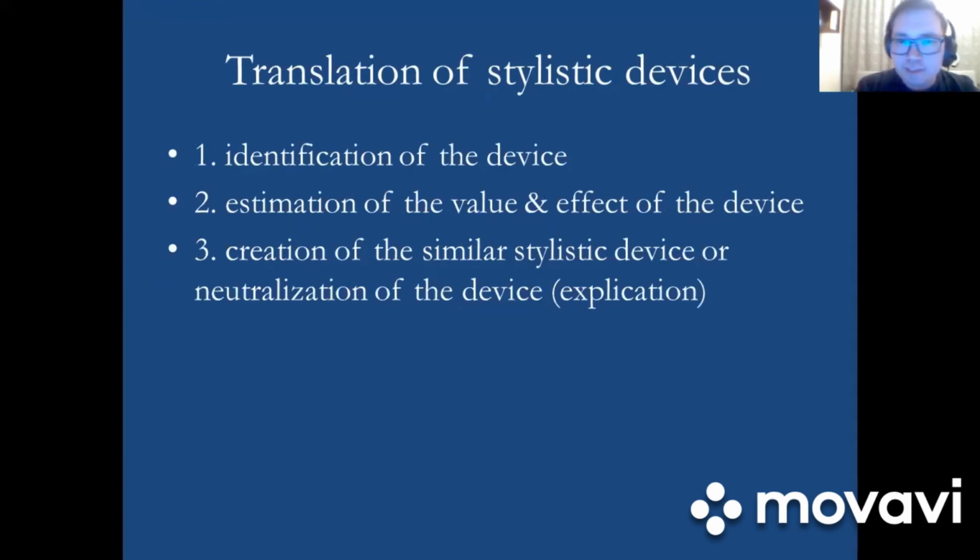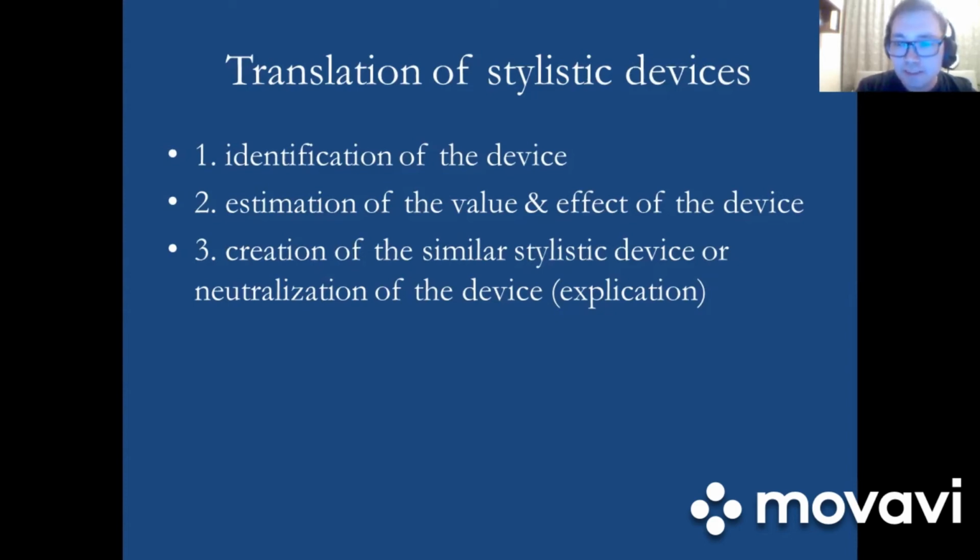As for the translation of stylistic devices, the following strategy could be offered. Here on the screen, you can see 3 steps. The first step is identification of the device. So first of all, you have to understand that the part of the text which you are translating represents a stylistic device. Then the second step is estimation of the value and effect of the device.